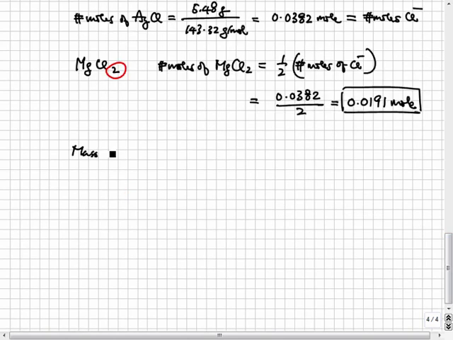The mass percentage of MgCl2 is the mass of the MgCl2 divided by the total mass of the mixture times 100%.